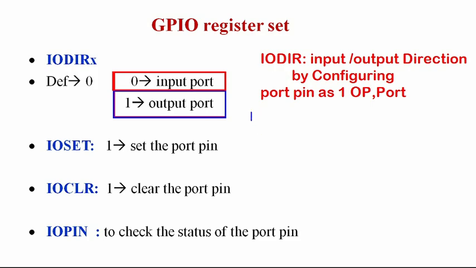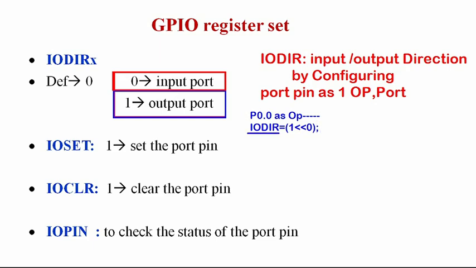So I want to configure port 0.0 as an output port. What I will do now is use a register IODIR equal to 1 left shift of 0. What is the meaning of this? The 0th bit in IO direction.